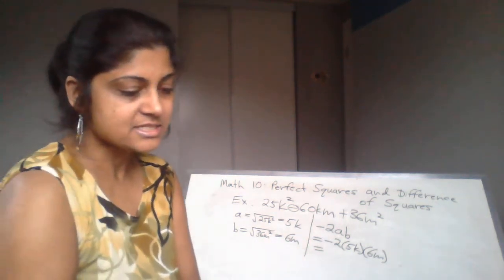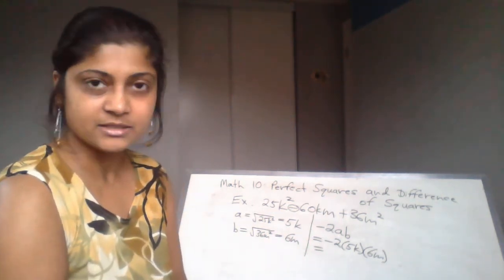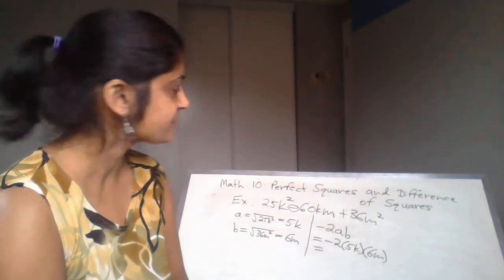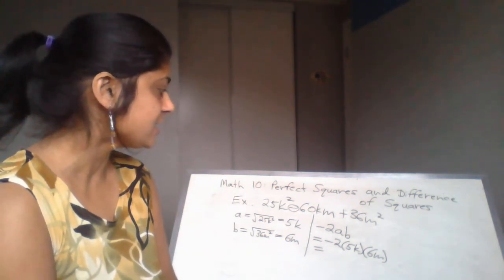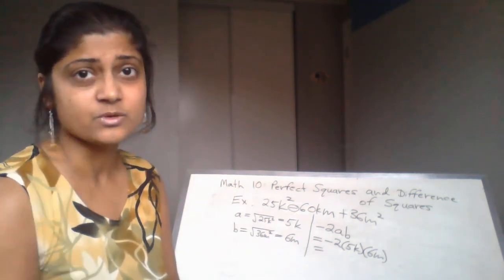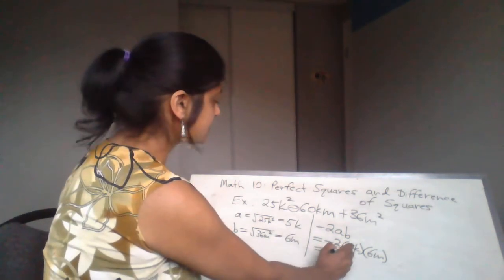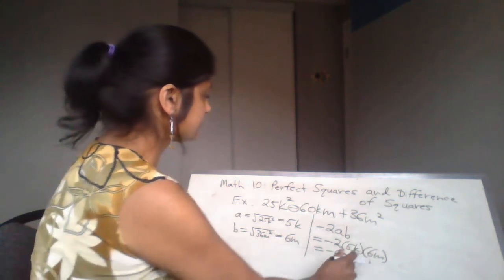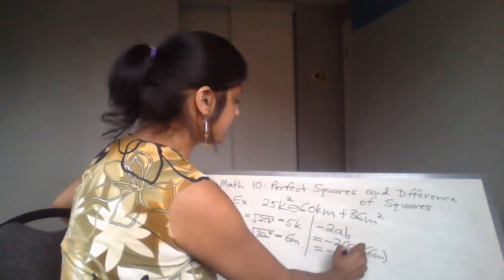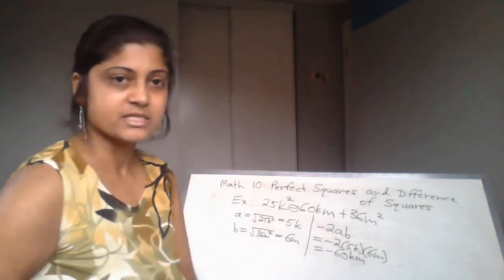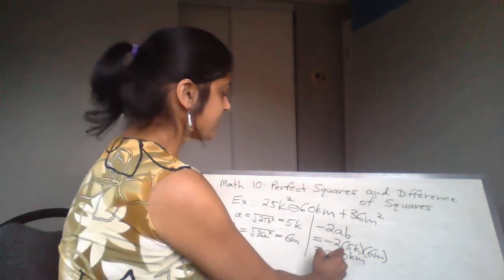I'm going to multiply all of these terms together. Negative 2 times 5 is negative 10, times 6 is negative 60. Sorry, not just m here. I can see there's a k and an m, so it's negative 60km, which is equal to that middle term.